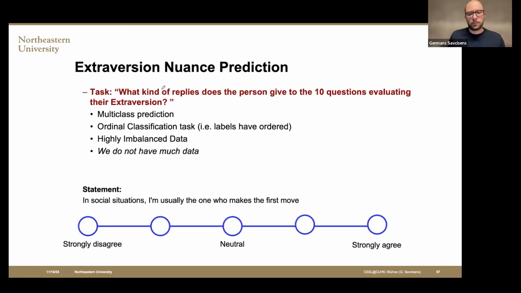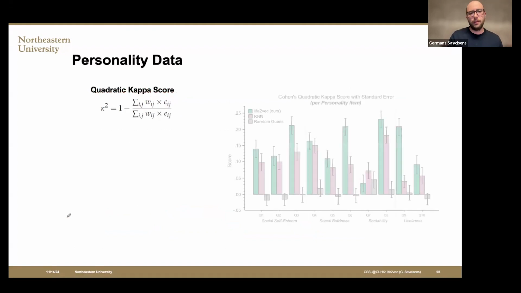And what we asked our model to do is to predict, given the life sequence of a person, what would be their answer to 10 questions related to extroversion. So it's a multi-class prediction task. People have seen these kinds of statements, and they had one of 5 choices that they could have made. And so what we asked the model is to predict what would potentially be the answers to these kinds of questions.